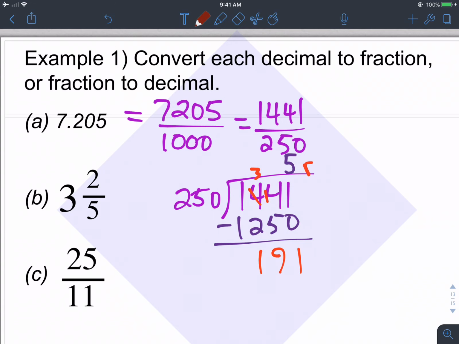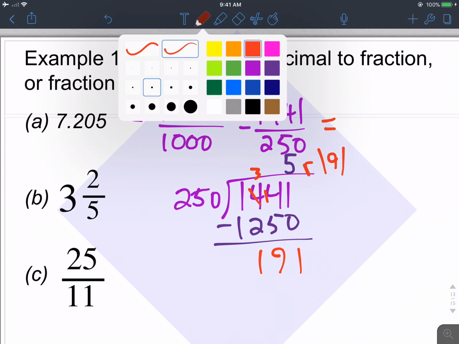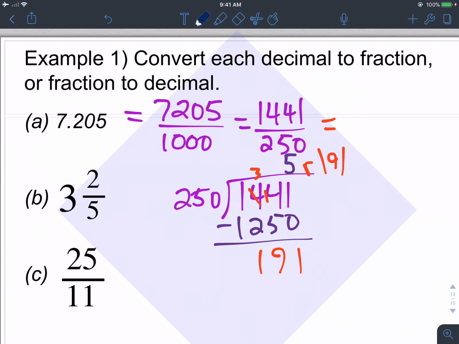Okay. We're doing fractions, right? So we need the remainder. So this is 5 and 191 over 250.